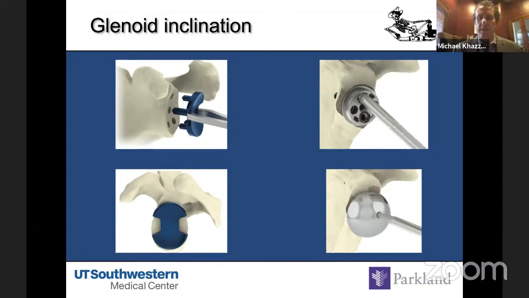Now with the reverse prosthesis, we're placing this base plate at the inferior half of the glenoid. So this does not allow for a complete assessment of that inferior half and may under or overestimate the inclination.